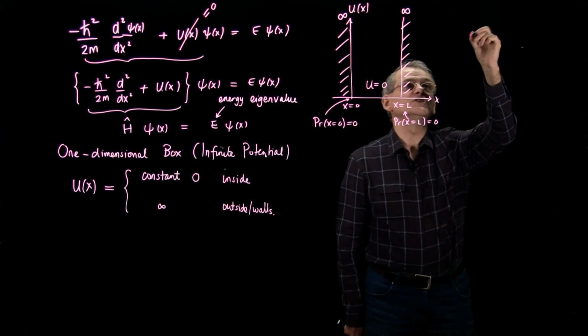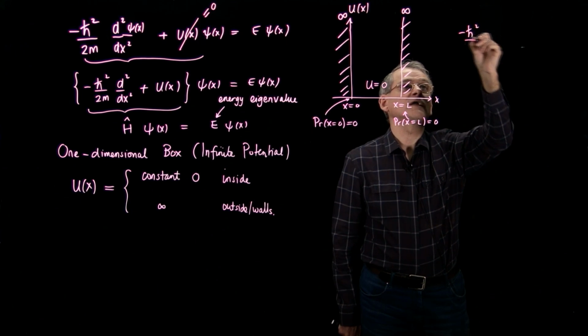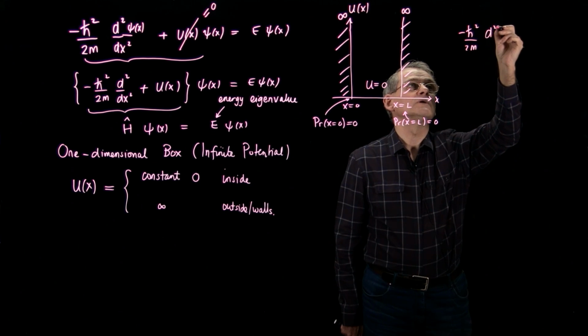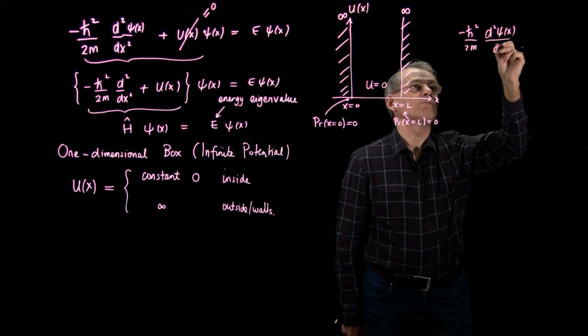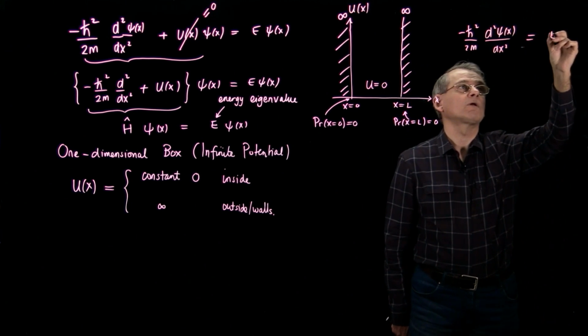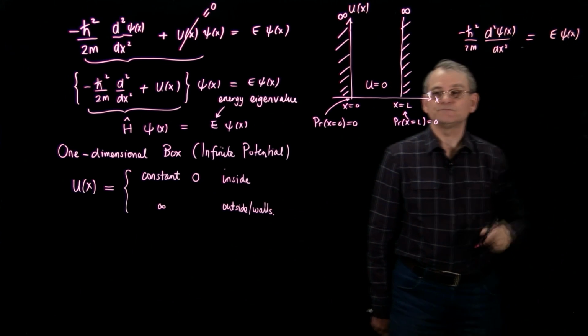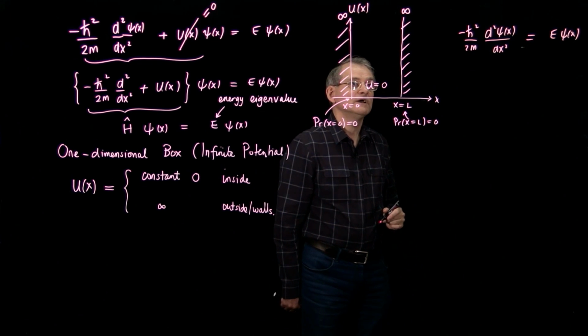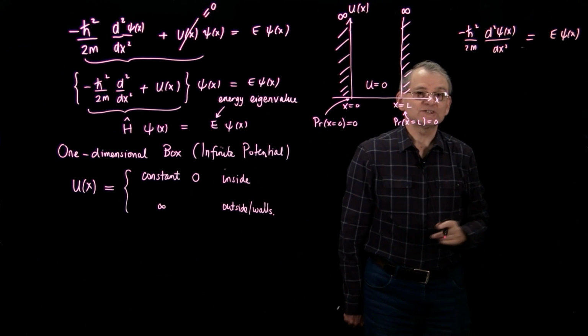So the equation I need to solve for is this here. It's the one-dimensional Schrödinger equation for a particle in a box. Now, just tidy this up a little bit.